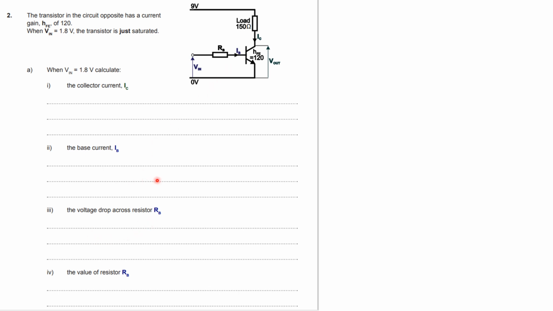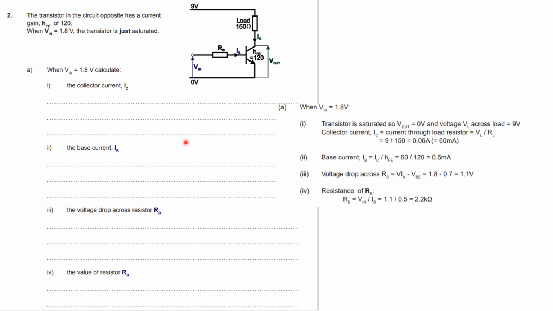To turn a transistor on, we always need 0.7 volts between the base and the emitter. So if V in is 1.8 volts, I know I need 0.7, so the rest of the voltage will be across RB. So you can see for part III, the volt drop is 1.1.